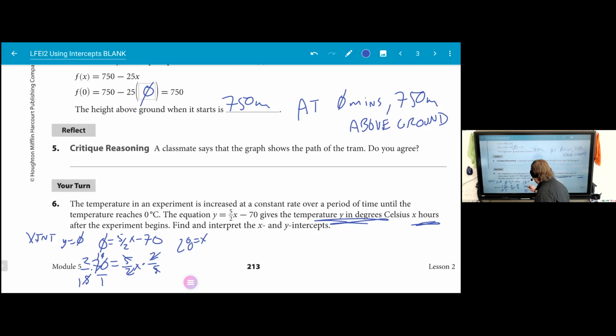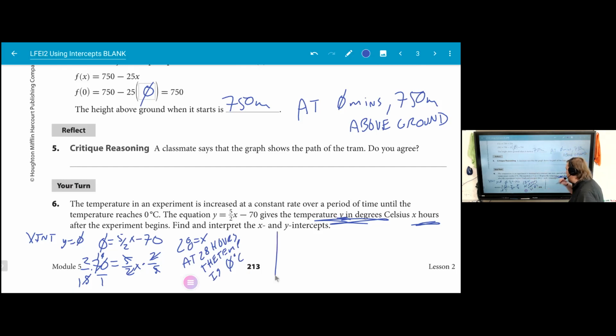So at 28 hours, what is y? What does y mean? The temperature, y in degrees Celsius. So the temperature is 0 degrees Celsius.